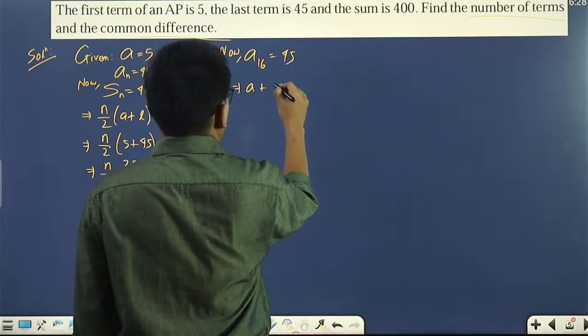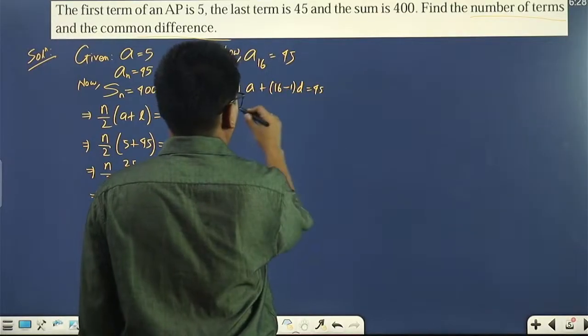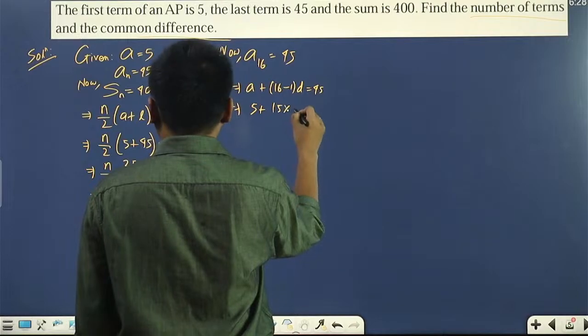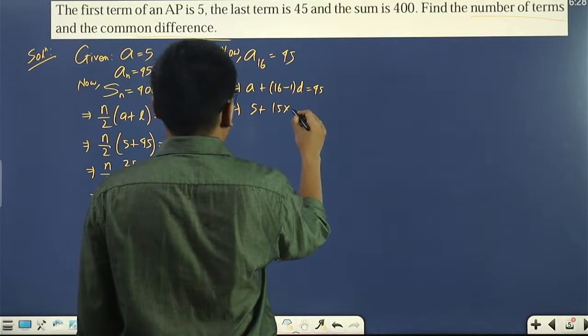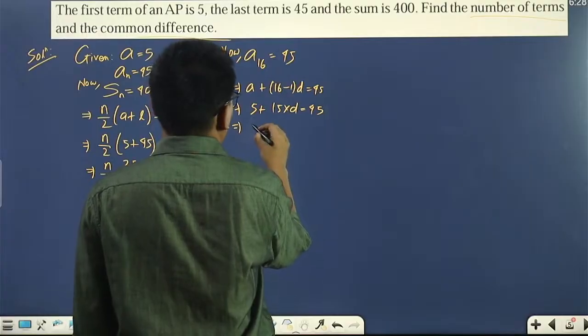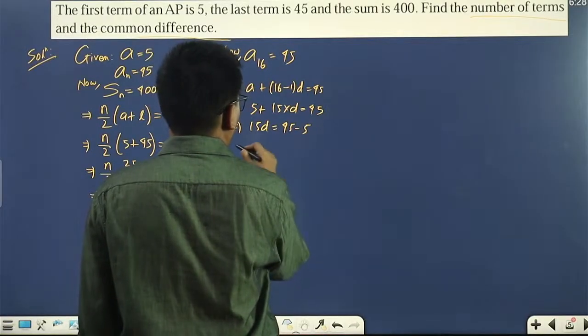So a plus (16 minus 1)d equal to 45. 5 plus 15 into d equal to 45. So 15d equal to 45 minus 5.